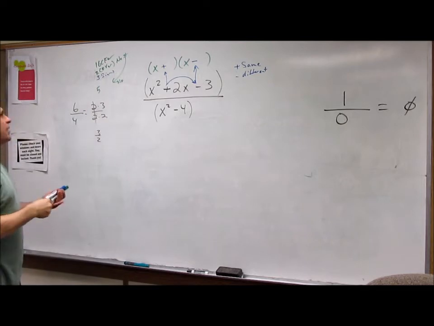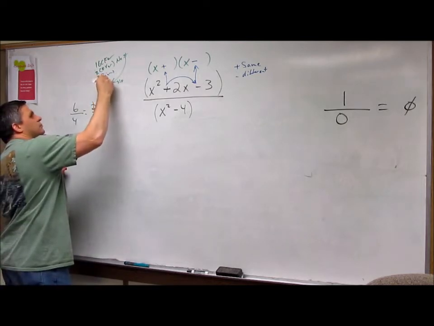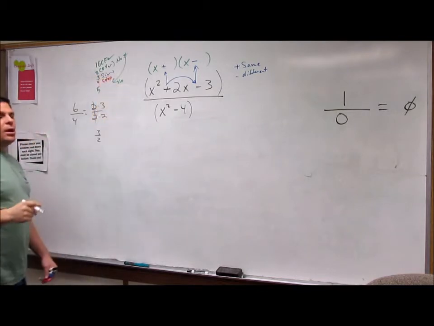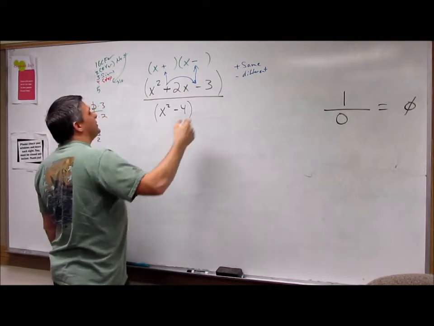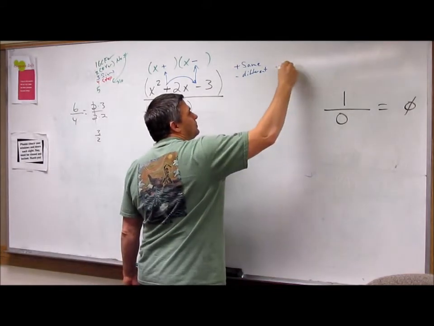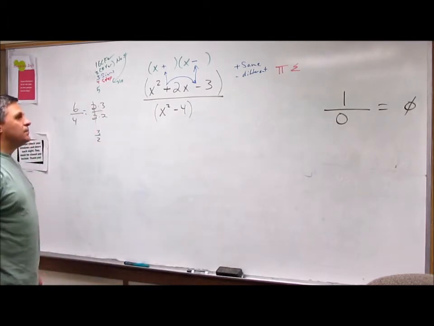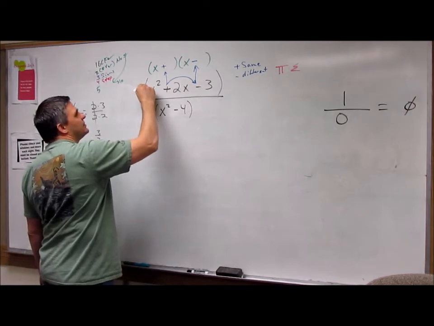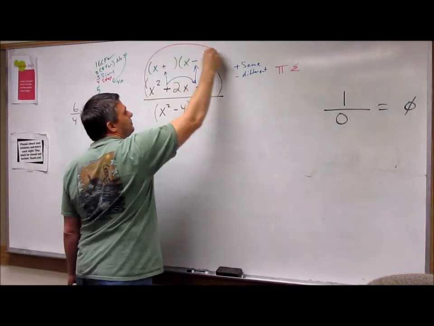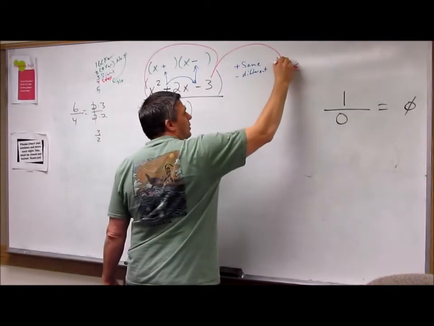What's my 4th step? Product and sum. My product is the first times the last, which is 3.